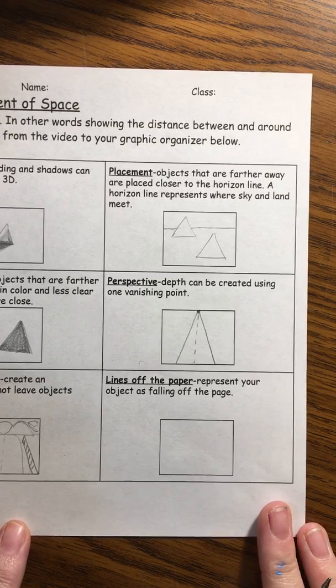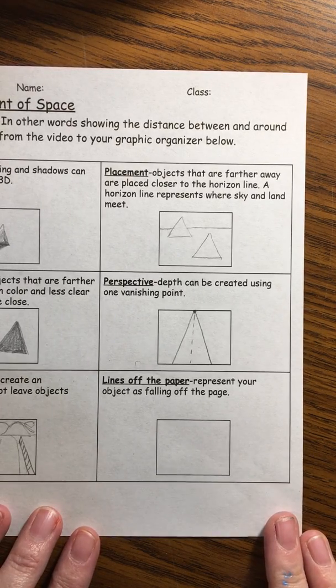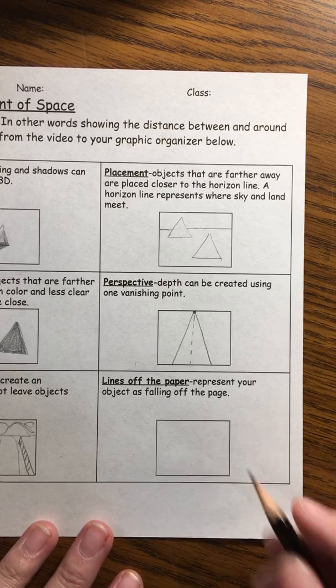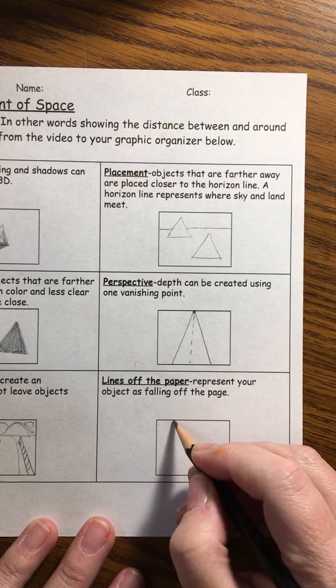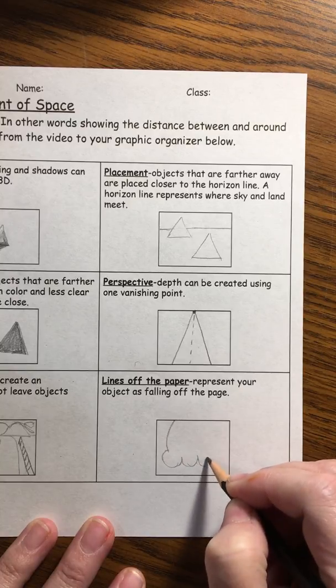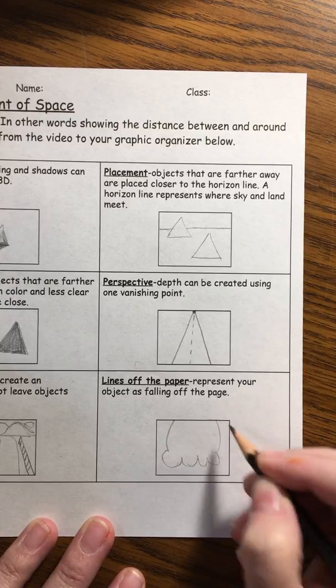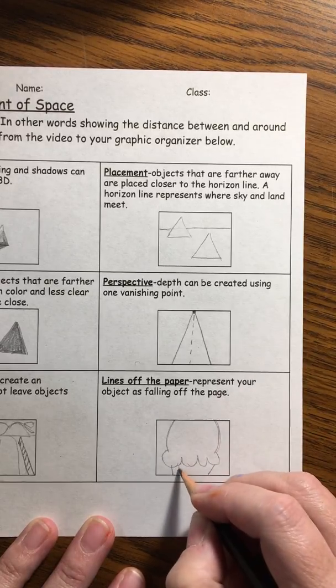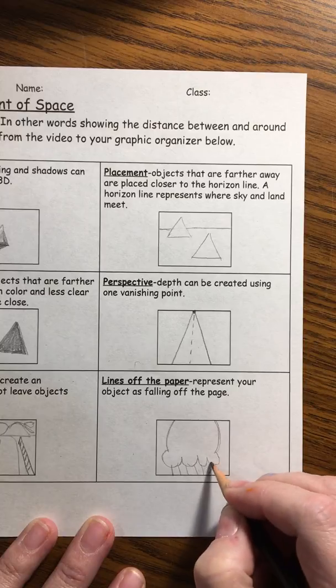And the last one that we're going to look at is drawing off of the page. So you're filling it up, but even further. So I'm going to do like another ice cream cone again. So that, but this time I'm making my ice cream scoop really large so that it fills up my page.